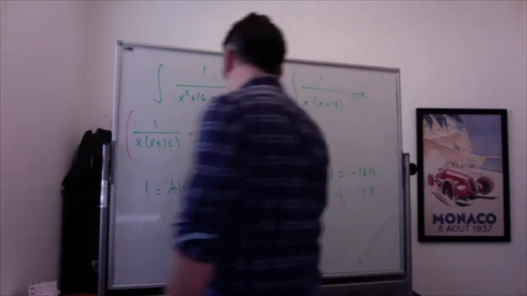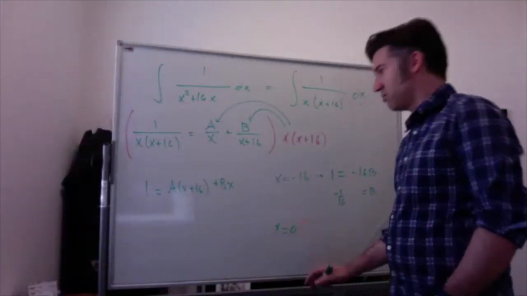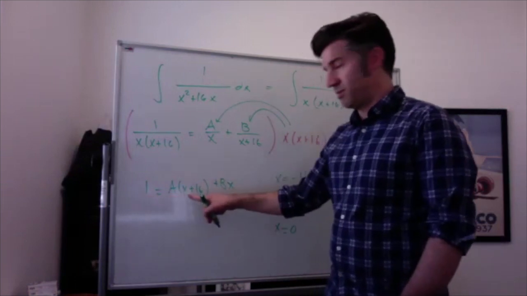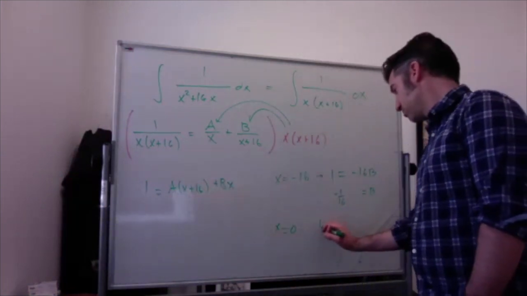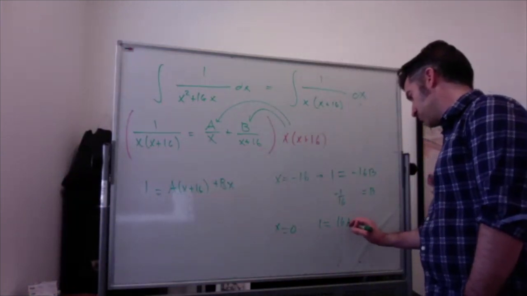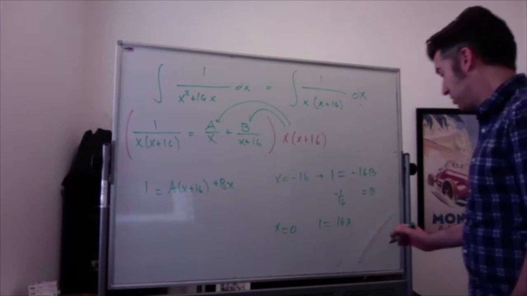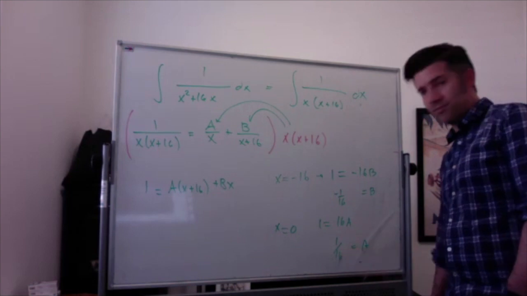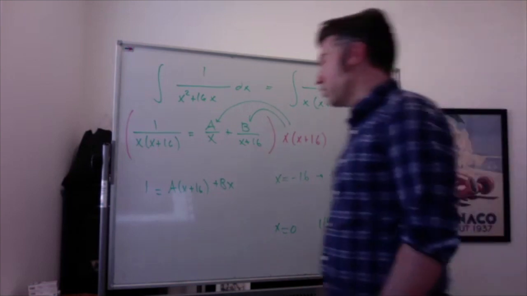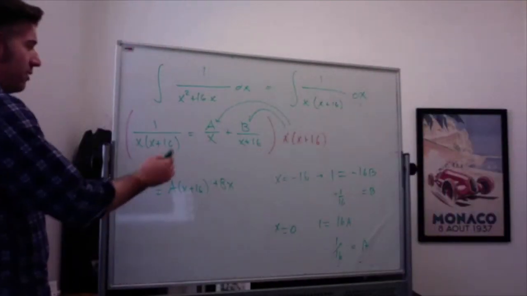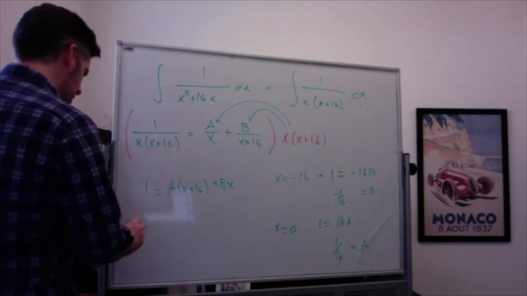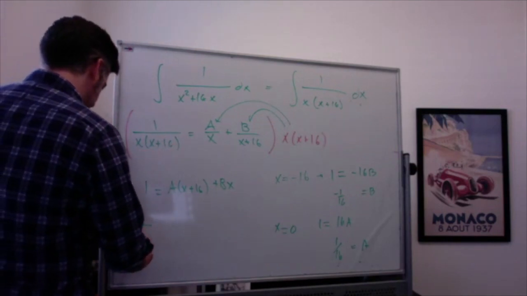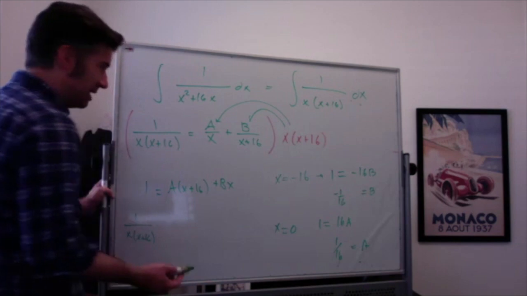I can pick 0 for x. If x is 0, I get 1 equal to a times 0 plus 16, plus 0. So a is equal to 1/16.